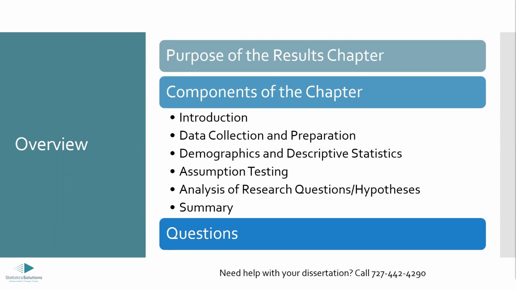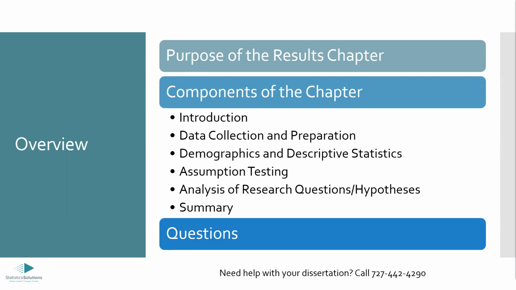So first, we're going to discuss the purpose of the results chapter and why it's important to the dissertation. And then we'll talk about the different components of the results chapter. So what are the different sections or pieces of information you need in the results chapter? And this will include the introduction, the data collection and preparation, demographics, assumptions testing, the analysis of your research questions, and your summary.